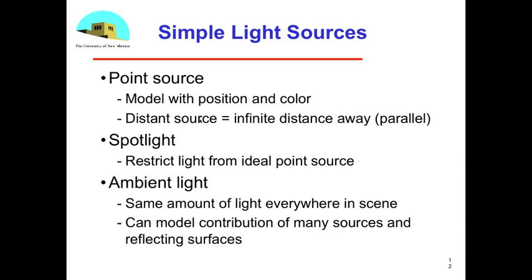So one of the things we do is ask, what's the result of having distributed sources in the real world? If you look at the lights you would see in a kitchen or in a classroom, you would usually have plastic covers on the lights, which would be diffusers.